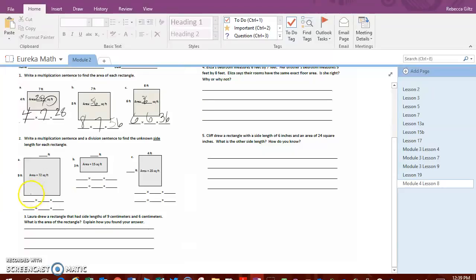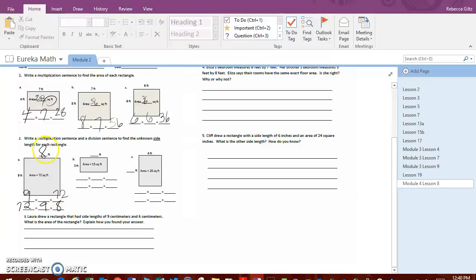We have one side length that's 9 feet times the other side length that we don't know. It's going to equal 72. Okay, so we can think in our heads, well, 9 times what is 72? Or we can write the division sentence, which is 72 divided by the factor we do know, 9, equals what? And if you work through that problem, your answer would be 8.